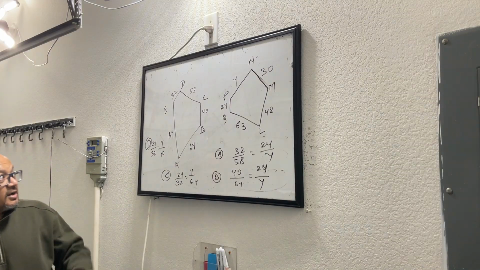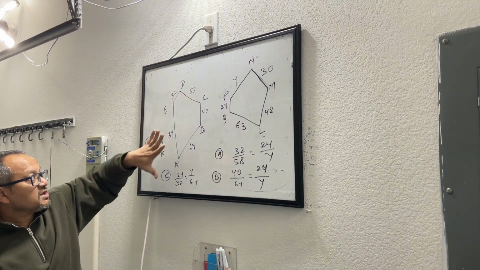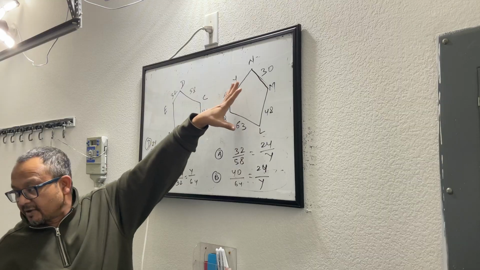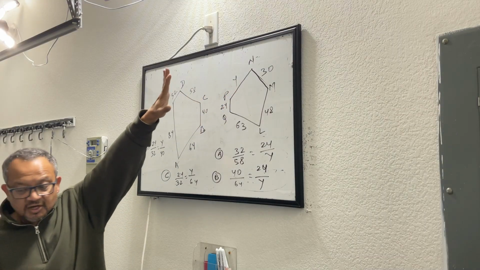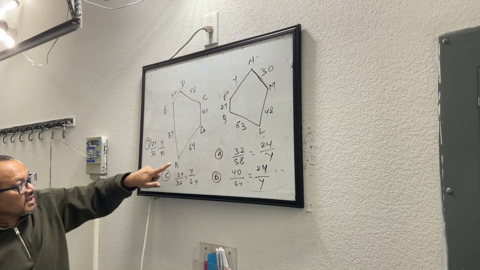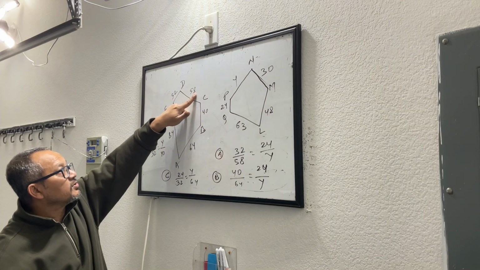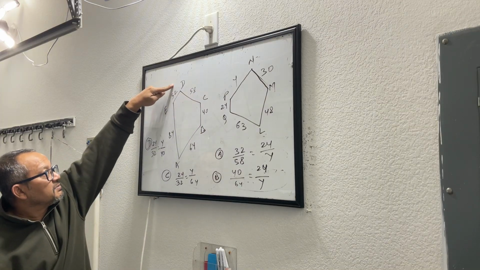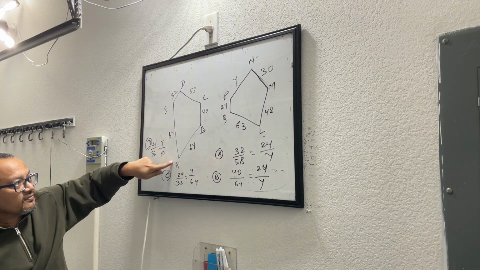So here, again I am repeating the question. Pentagon ABCDE is similar to the pentagon LMNPQ. Let me complete it. And the dimensions given are AB is 64, BC is 40, CD is 58, DE is 32, and E to A is given as 84.